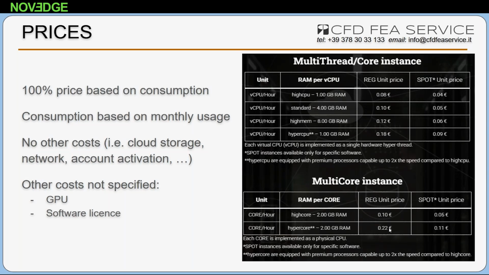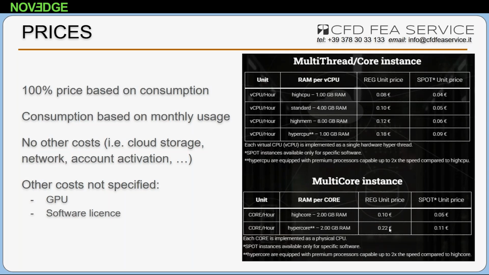On top of it, there are costs that are not specified, related to the use of GPU. By default, there are no GPUs allocated to the accounts, but some specific software, M-star CFD, I'm just thinking of, requires the GPUs to be used efficiently.